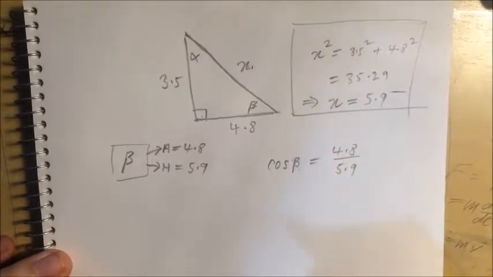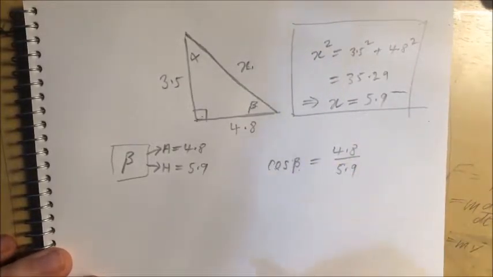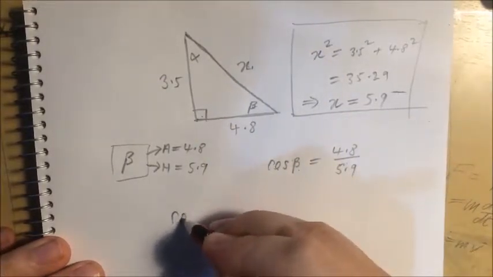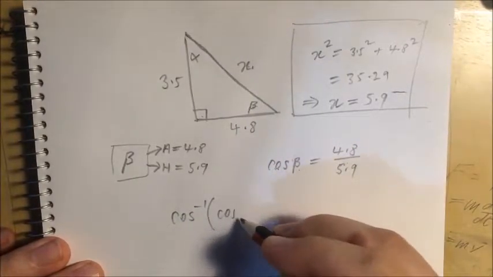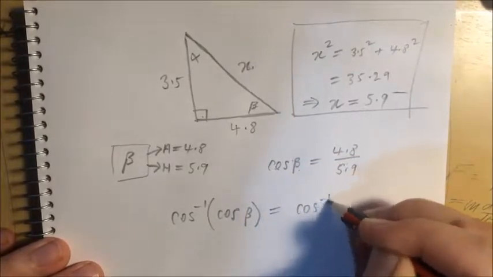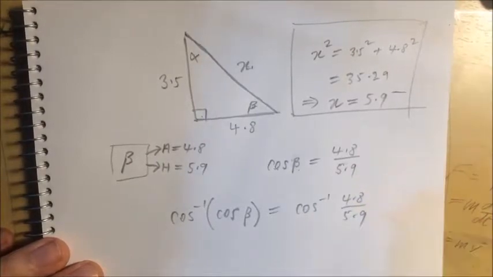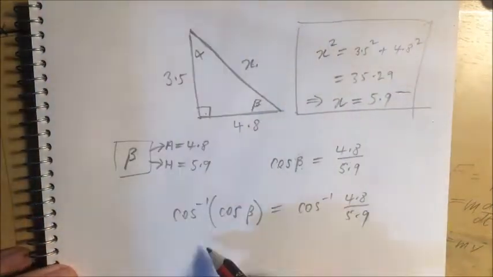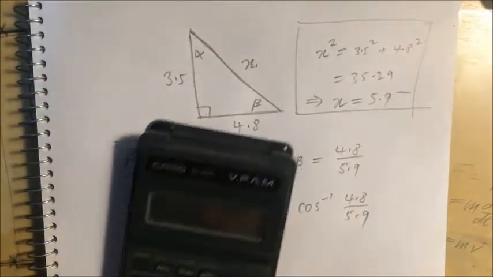Now we want to get beta on its own, so we act on both sides with the inverse cosine, which is cos minus 1 of cosine beta equals inverse cos 4.8 on 5.9, and this turns into beta equals, let's just do this on the calculator.